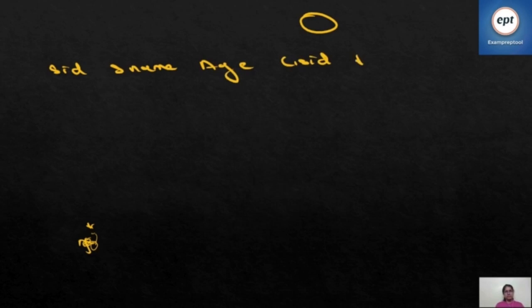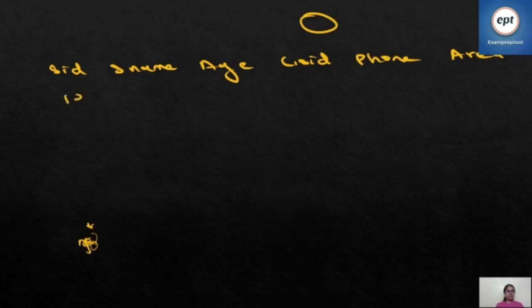We have to write all the attributes: SID, SName, age, C.ID, C.SID, phone, and area. Now let's write it one by one.